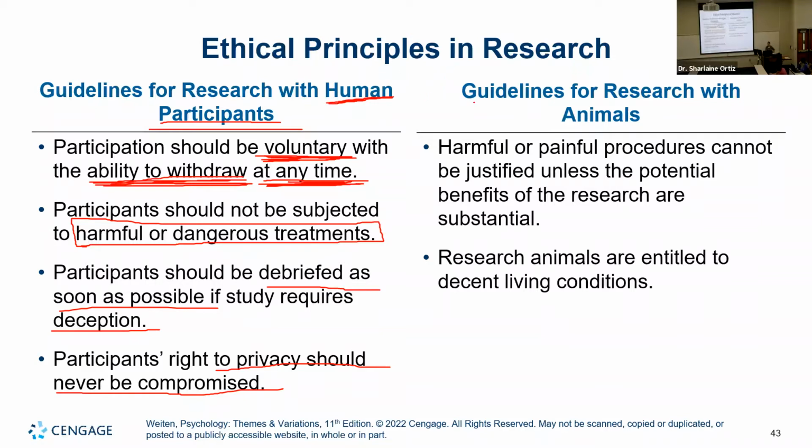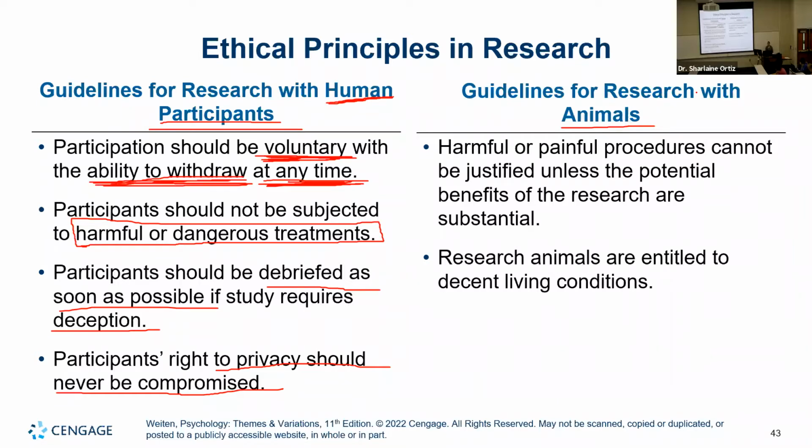Now we have some guidelines for animal research. Of course, there are many federal and state guidelines for animal research, but this is only a short summary of those statutes.